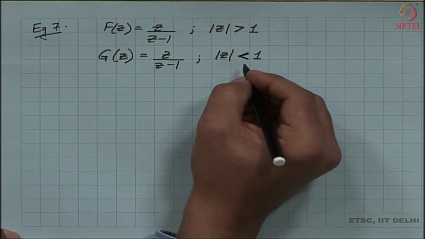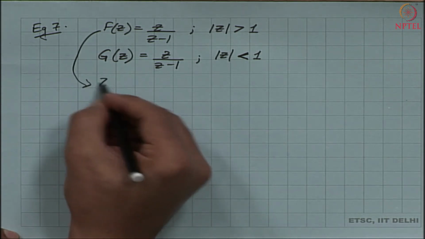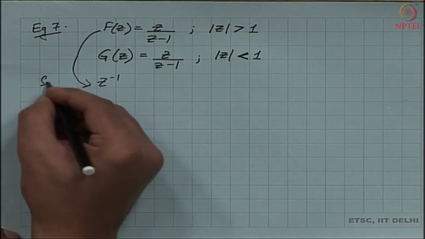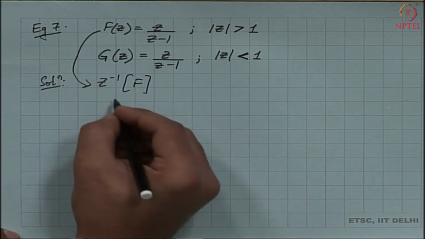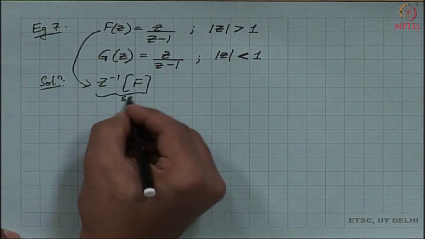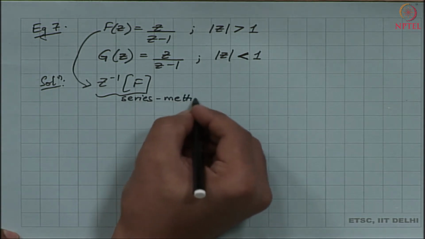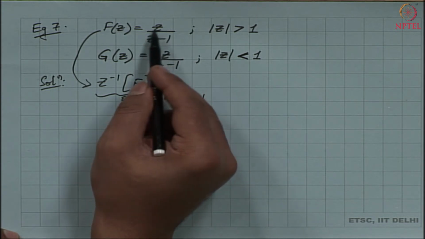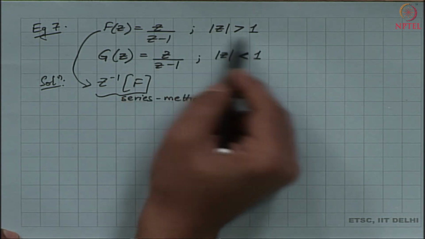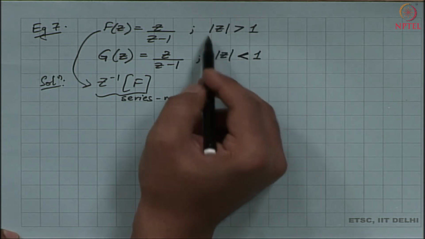Okay. So, if I were to evaluate the inverse Z transform of f, again students are requested to use the series method to see that all I have to do is find the coefficient of z to the power negative n. Appropriately expand the series in such a way that mod z is greater than 1.